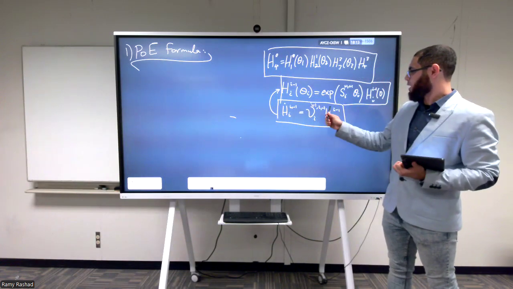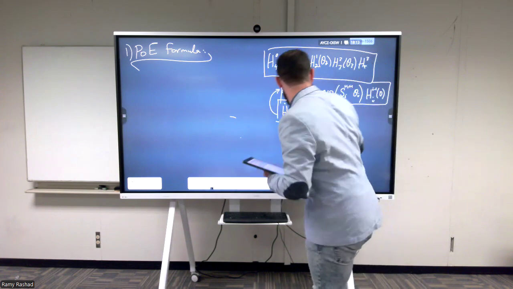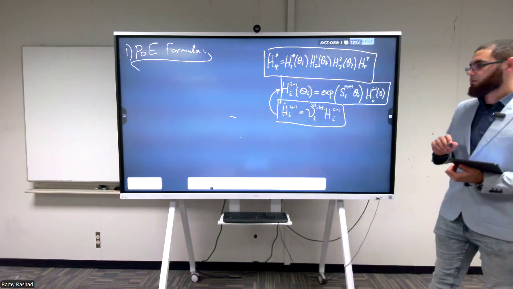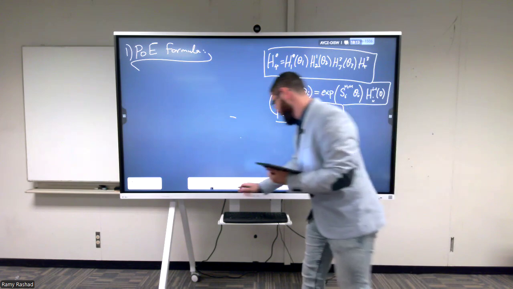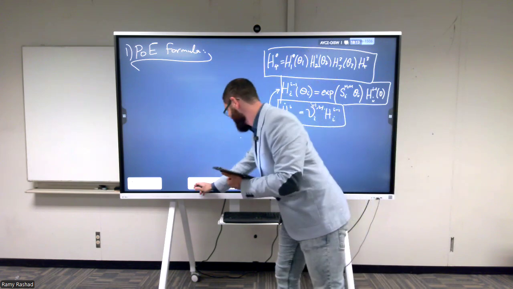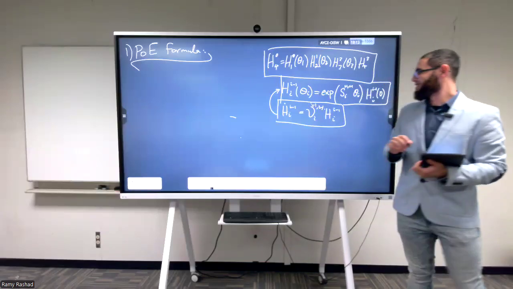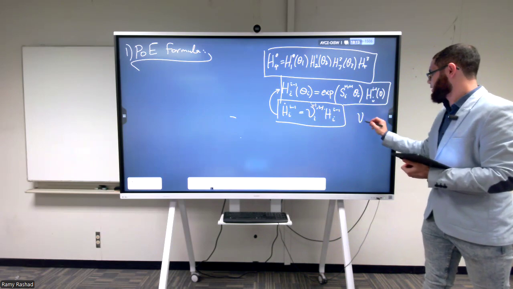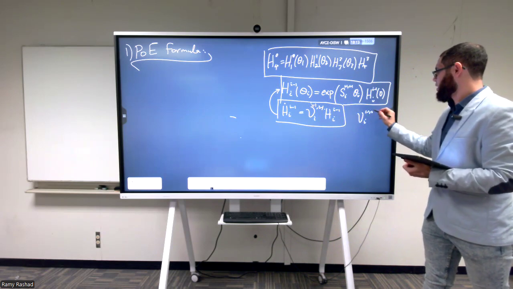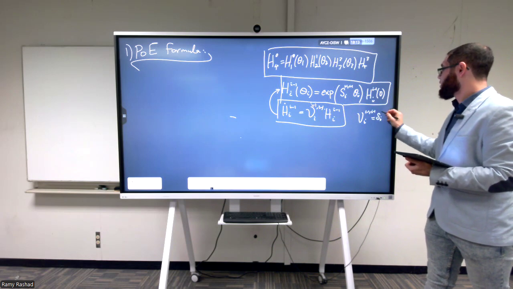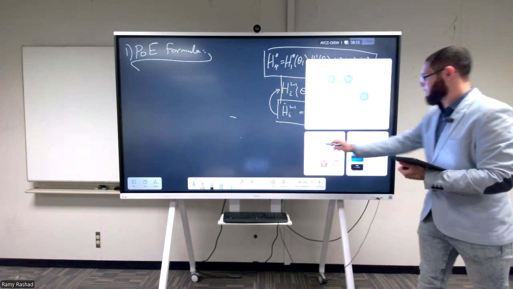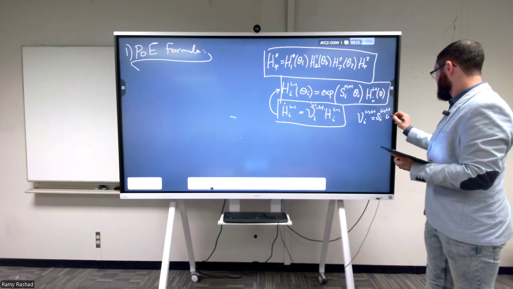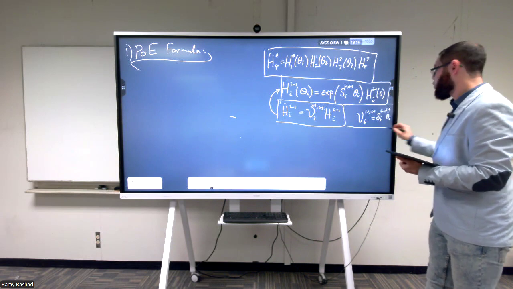Here we also assume that the velocity V, I minus 1, is equal to S, I minus 1, multiplied by theta I dot. So these are all of the expressions that we have.